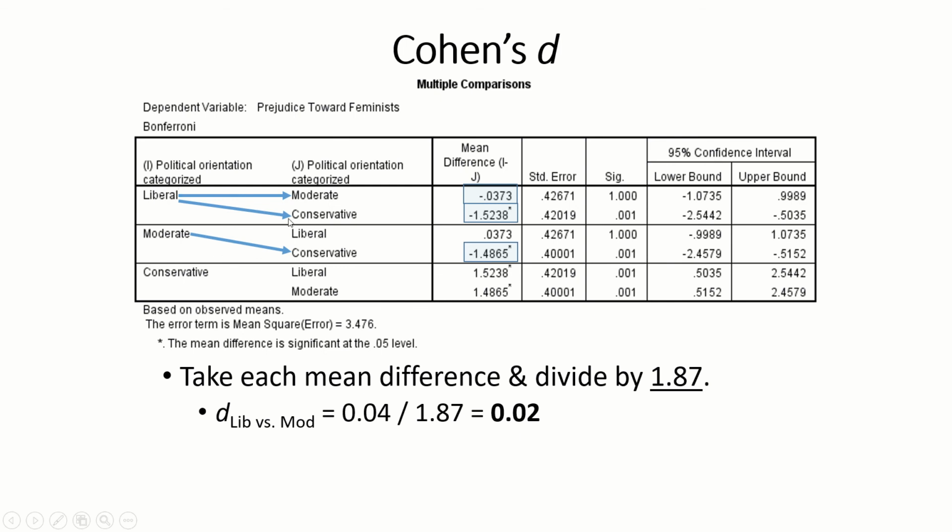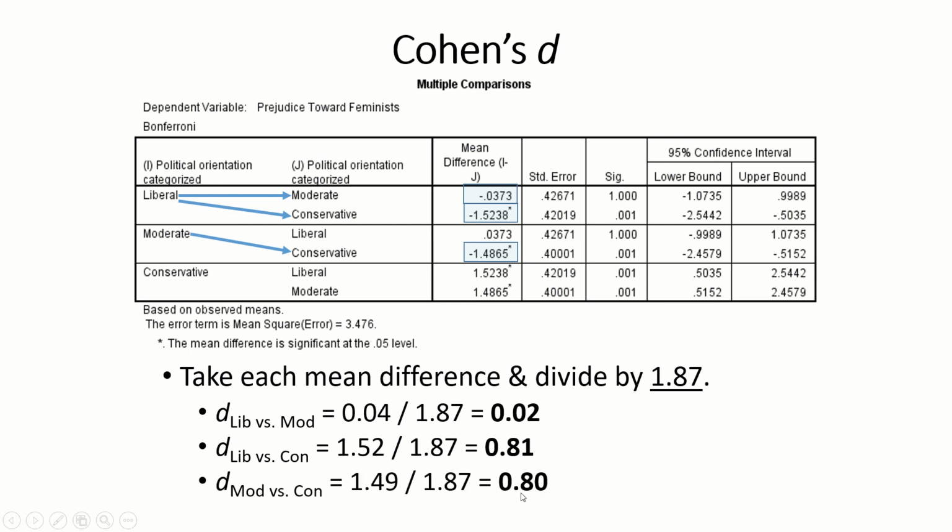And then for liberals and conservatives, we're going to take 1.52 and divide by 1.87, and that will give us a d-value of 0.81. And then for moderates and conservatives, we're going to take 1.49 and divide by 1.87, and that will give us a d-value of 0.80.